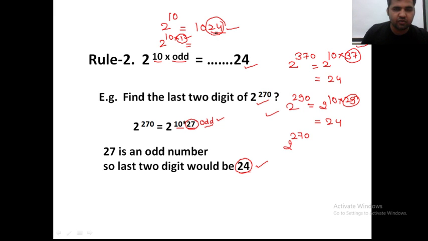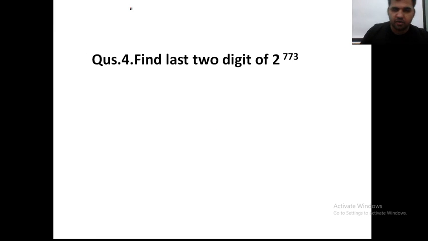If you ever get confused in an exam whether the last two digits would be 24 or 76, whether the number is odd or even, you just go to the value of 2 power 10, which is 1024, and 10 is 10 into 1, an odd multiple of 10. So therefore the answer is 24.